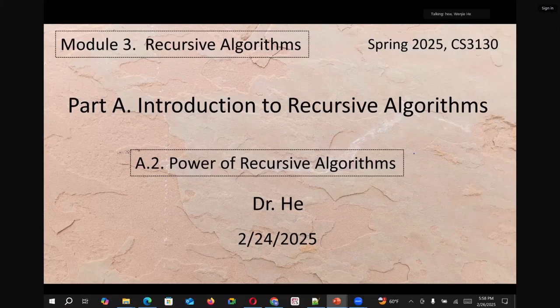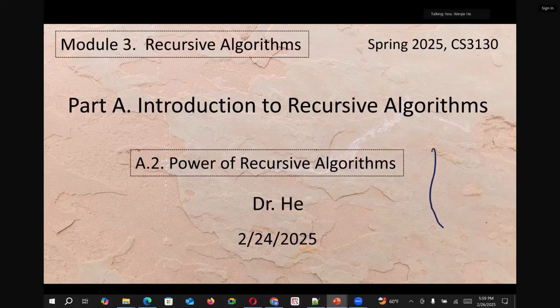Power of recursive algorithms. We want to see how powerful it is. Because based on our initial analysis, when we apply the recursive algorithm, there is a potential technical problem, right?